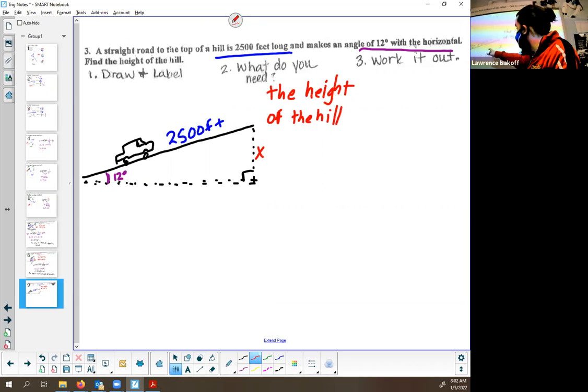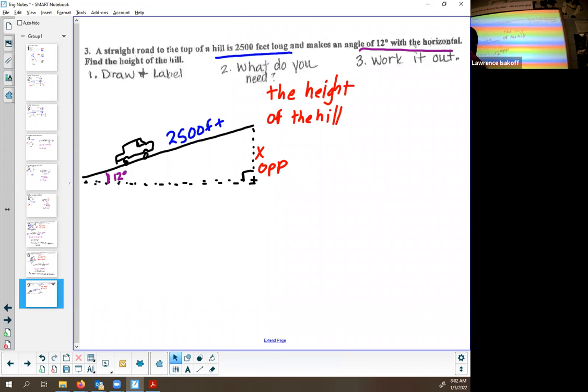So let's see here. 12's here. This X is all the way on the opposite side. So that's my opposite. My right angle is the ground and the height meeting. So that puts my hypotenuse at 2,500 feet.